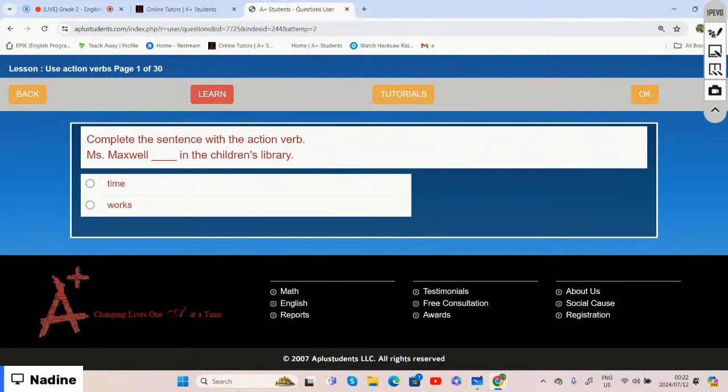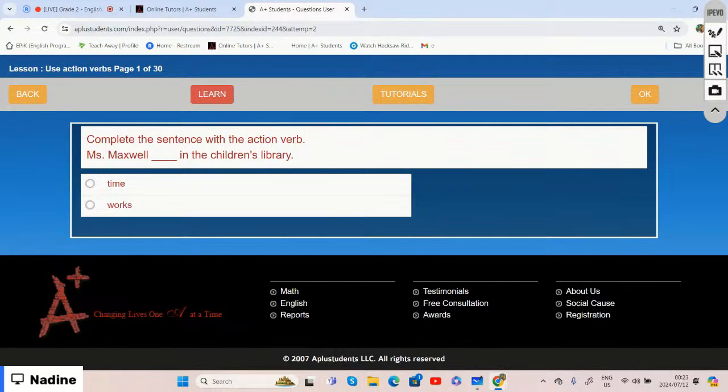Or do we say Miss Maxwell works in the children's library?